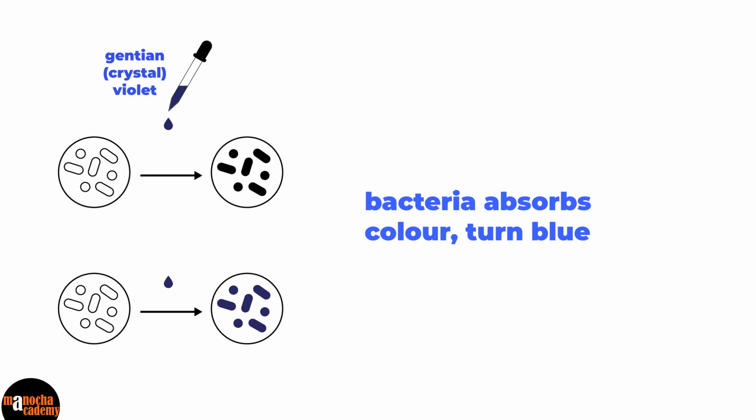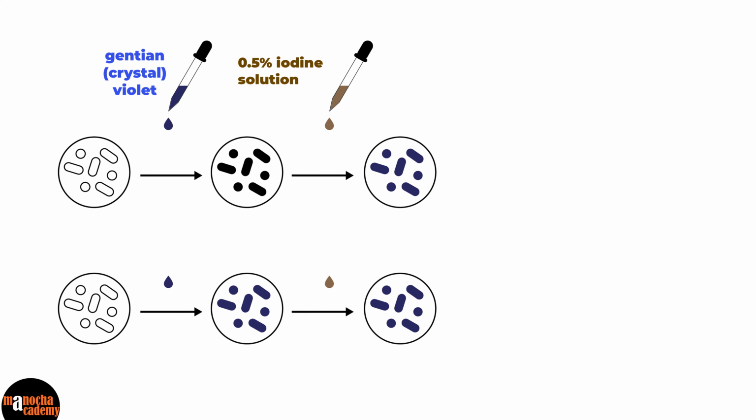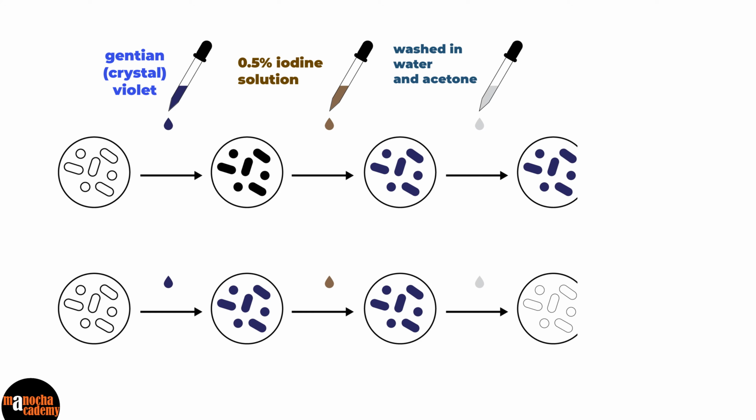After this, the same cells are treated with 0.5% iodine solution, following which the cells are now washed in water and then in acetone. Now we get two types of reactions from bacterial cells after these three steps.